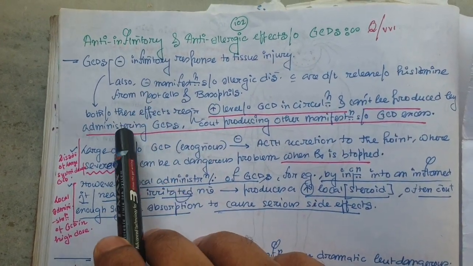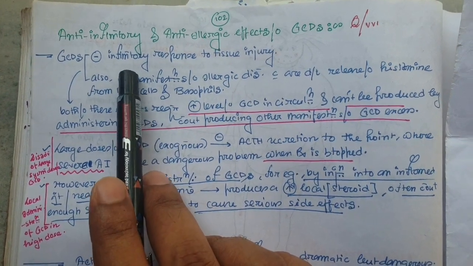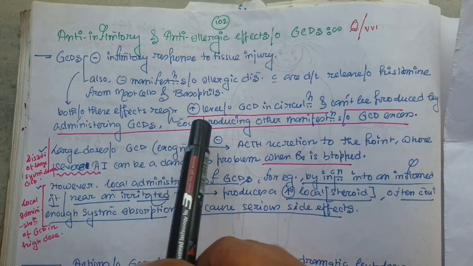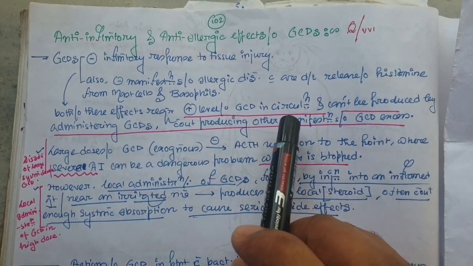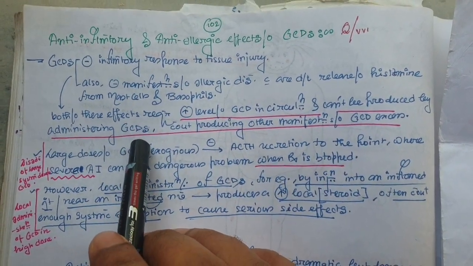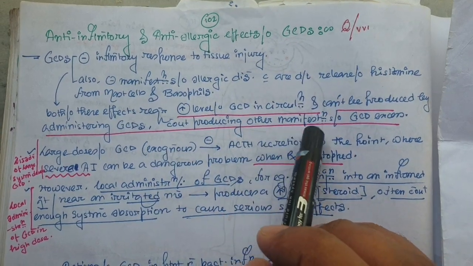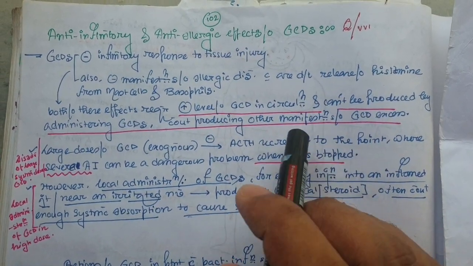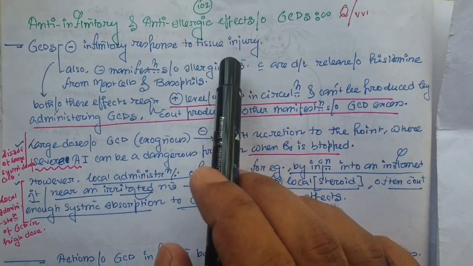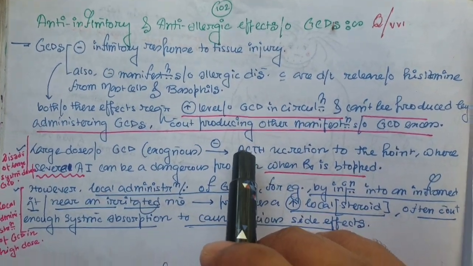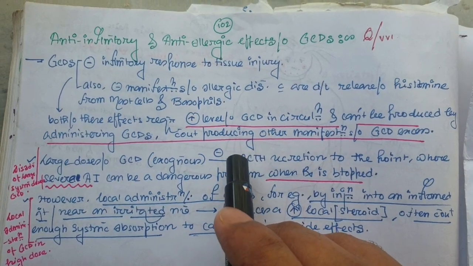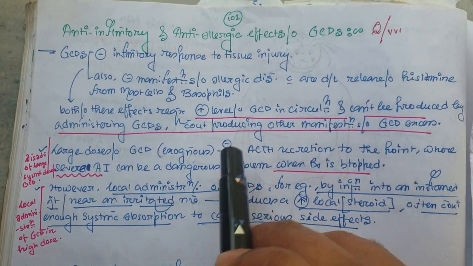So for both of these effects of glucocorticoids, that means the inhibition of the inflammatory response and the inhibition of histamine secretion, an increased level of glucocorticoids in the circulation is required, and it cannot be produced by administering glucocorticoids without producing other manifestations of glucocorticoid excess. That means to inhibit those manifestations of histamine and the inflammatory responses, we need an amount of glucocorticoids which is clearly much more than what is normally in the circulation.